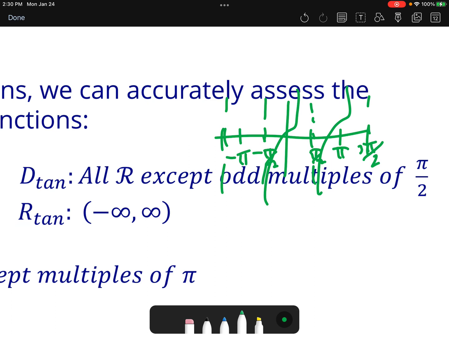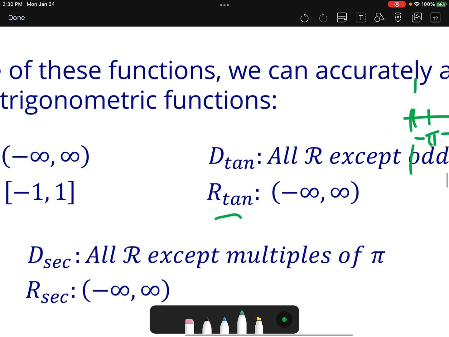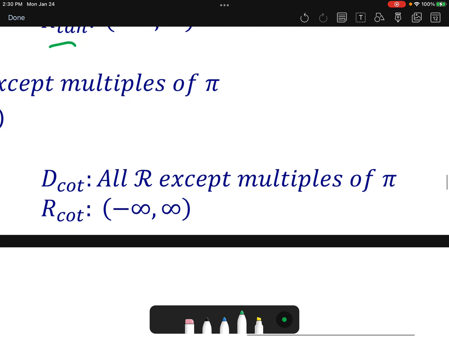And then you're getting your tangent in between. But notice also that the range of tangent is negative infinity to infinity. If we look at 1 divided by tangent, which is cotangent, we see that, where's cotangent? There it is. We can see all the multiples of pi don't work. So the domain of cotangent is all reals except multiples of pi. But we can see that the range is negative infinity to infinity.